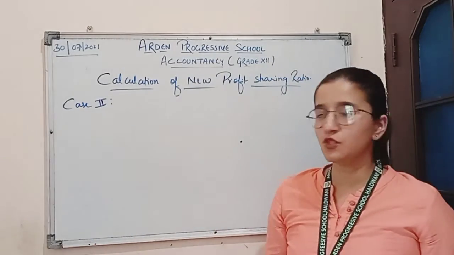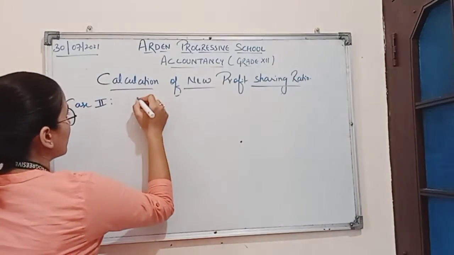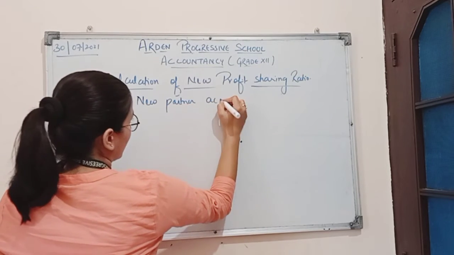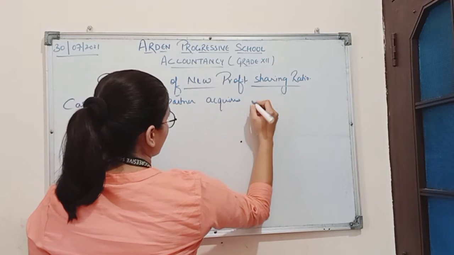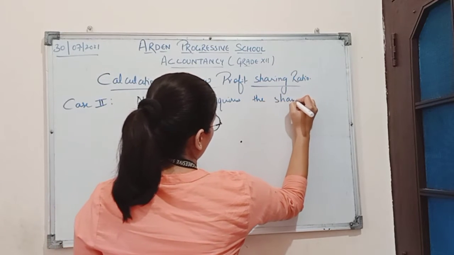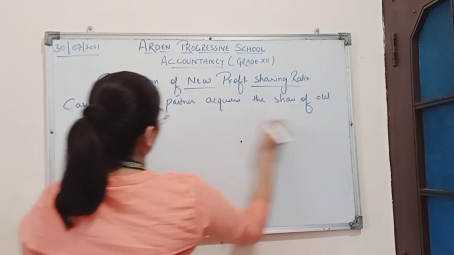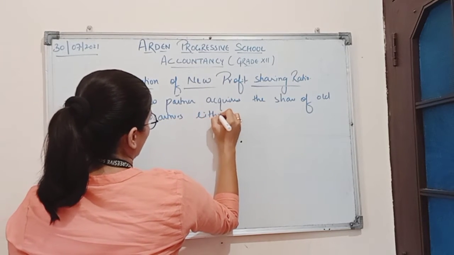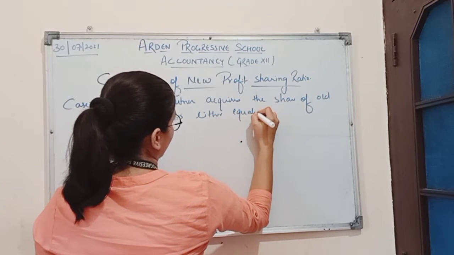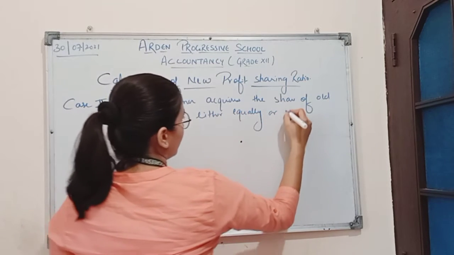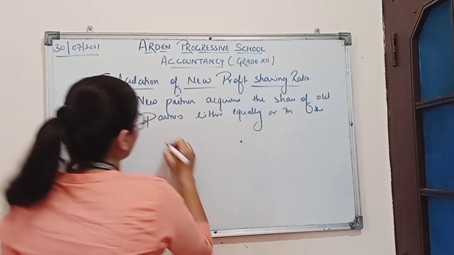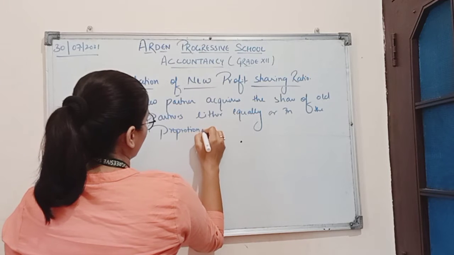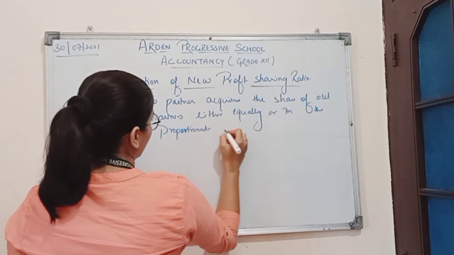Now in case number 2, the new partner acquires the share of old partners either equally or in the proportionate ratio.